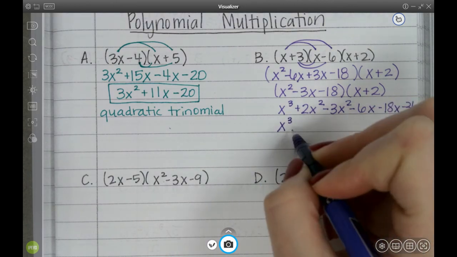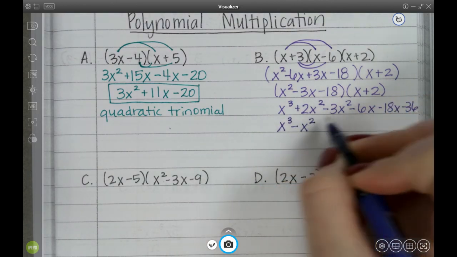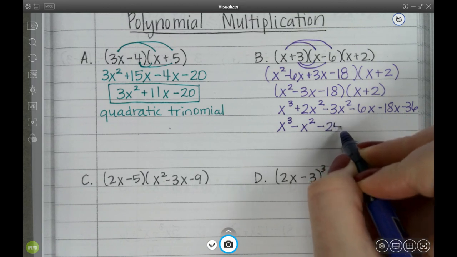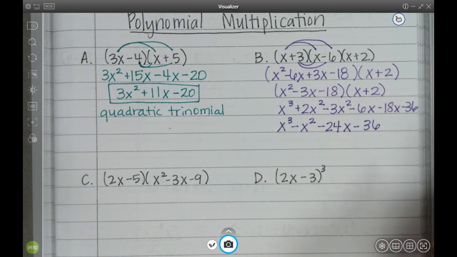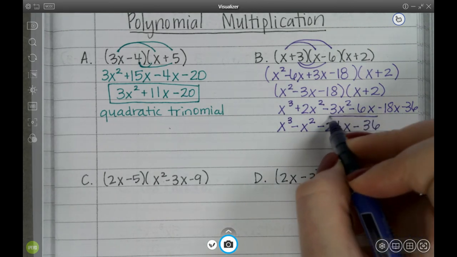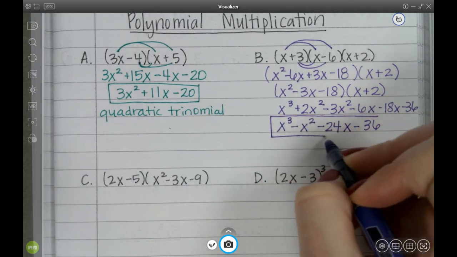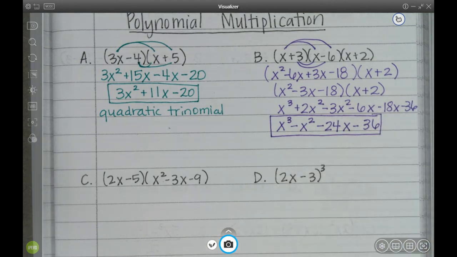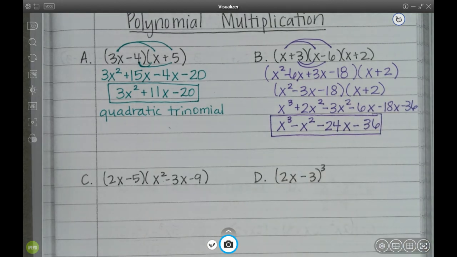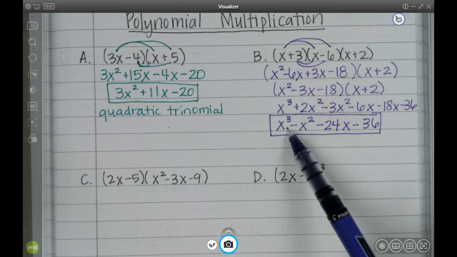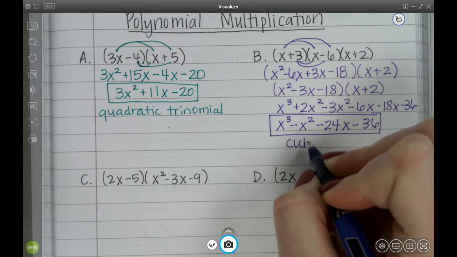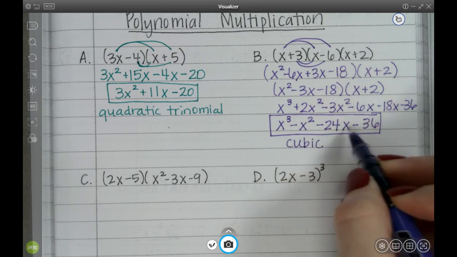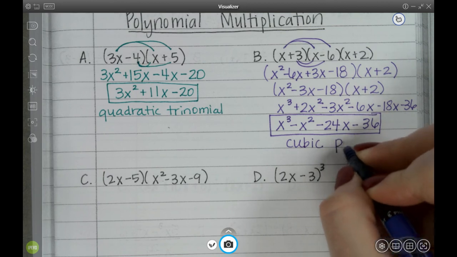Do x cubed minus x squared minus 24x minus 36. We have a degree 3, so it's cubic. We have 1, 2, 3, 4 terms, so it's a polynomial.